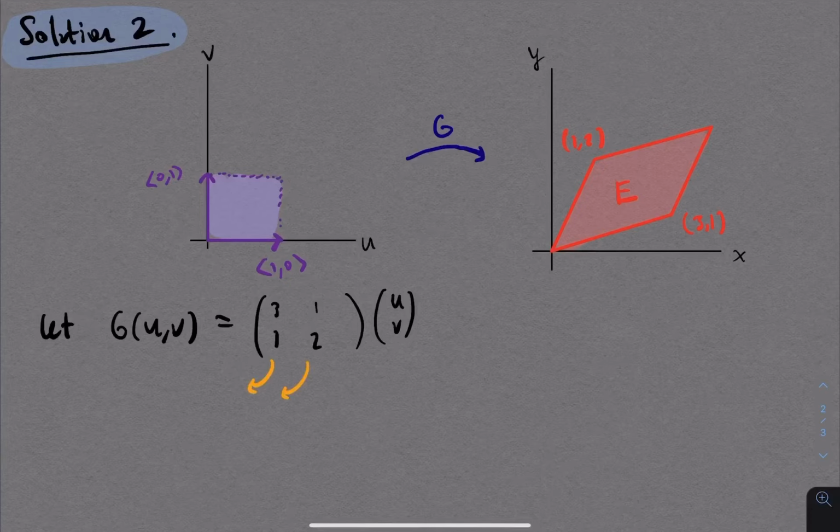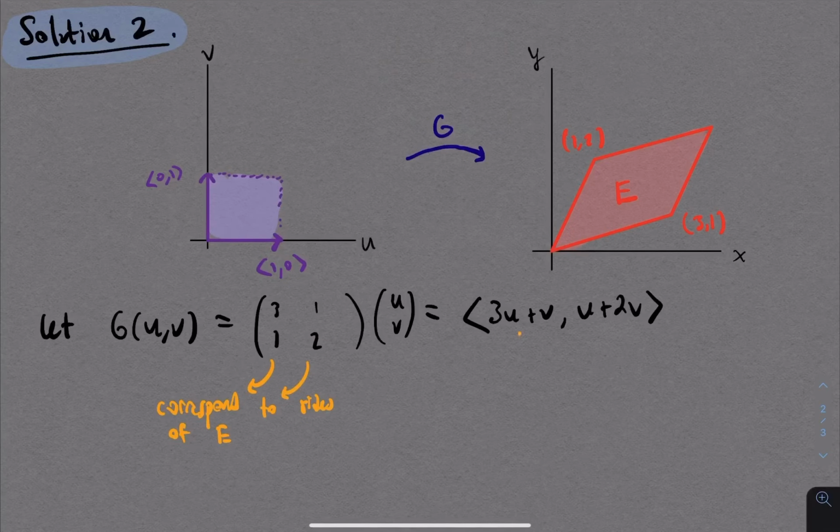So each of these columns corresponds to sides of the parallelogram. And then since we're not in a linear algebra class, we can multiply this out to get this in a more familiar looking form. I would get 3u plus v, and then in the second component, I would get u plus 2v. And there you go. There's our change of variables. x is 3u plus v. y is u plus 2v.